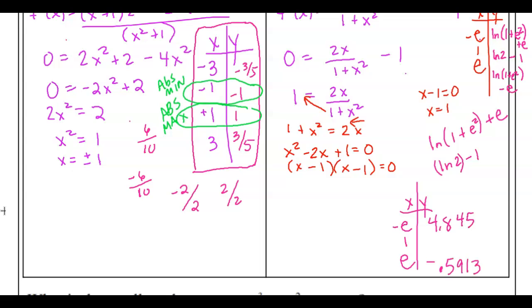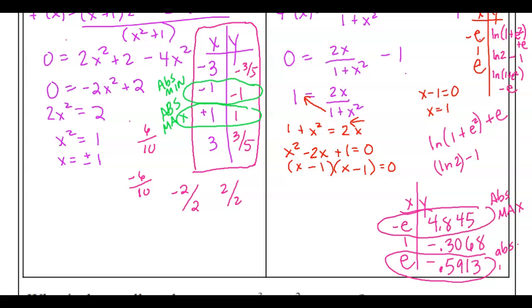We can chop that off, and then natural log of 2 minus 1. Negative 0.3068. So we can see this is our absolute max, and this one is our absolute min. So both endpoints. Okay.